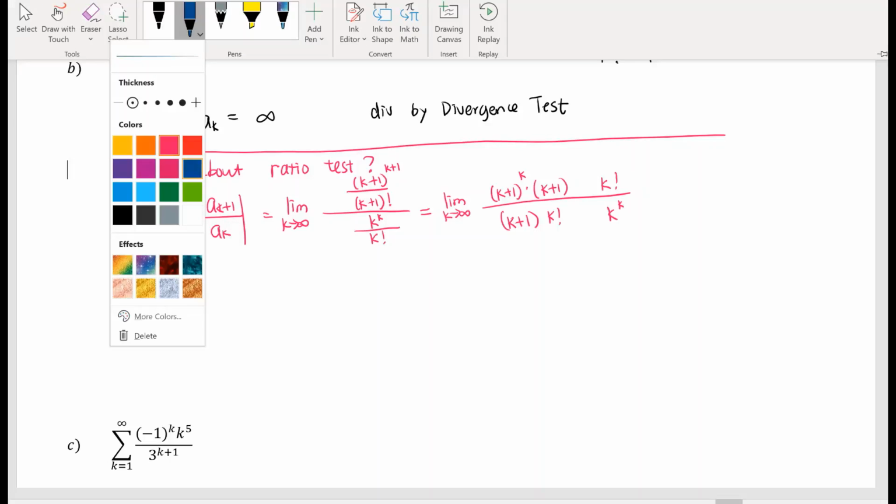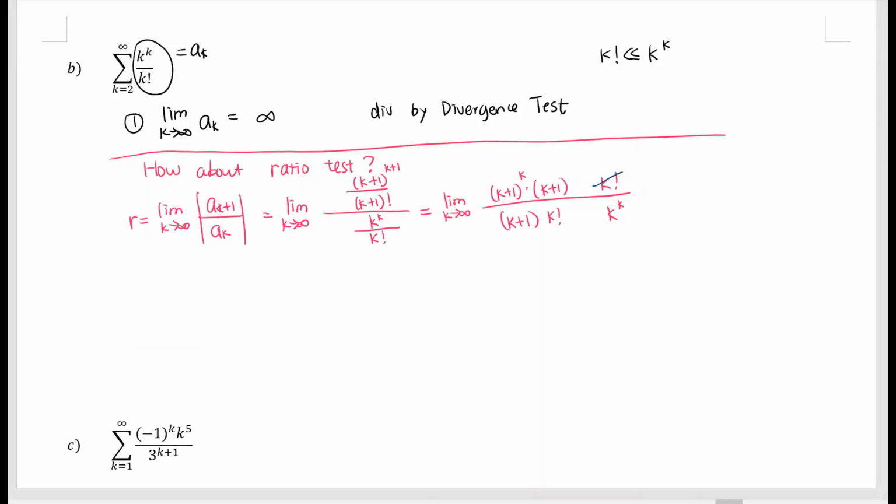So now what happened? Can you see k factorial cancel? And k plus 1 cancel? So we get the limit k goes to infinity of k plus 1 over k. And what is that? Well, we can split, so it becomes 1 plus 1 over k to the k.